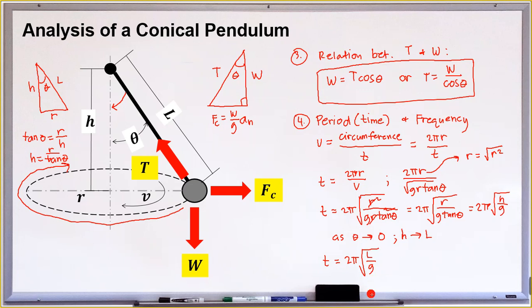And then the frequency is labeled as f. Actually, the frequency is just the inverse of the period, so that is 1 over t, or 1 over 2 pi times the square root of g over l.